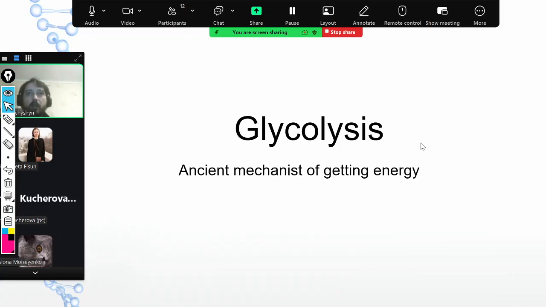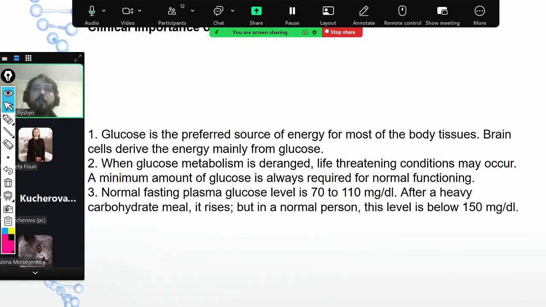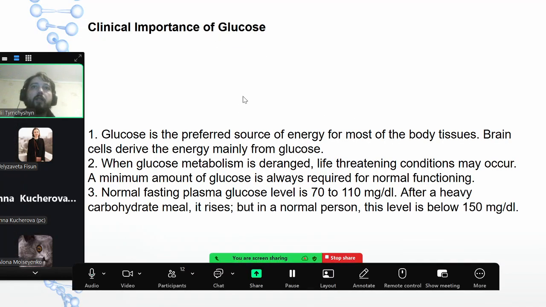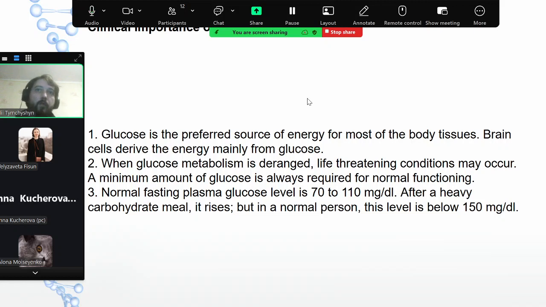Good. Now, glycolysis. It's a pretty ancient mechanism of getting energy, and you can see that because it's highly conserved in different species. The first point, clinical importance. Glucose is the preferred source of energy for most of the body tissues. Brain cells derive energy mainly from glucose. They can get a little from so-called ketone bodies.